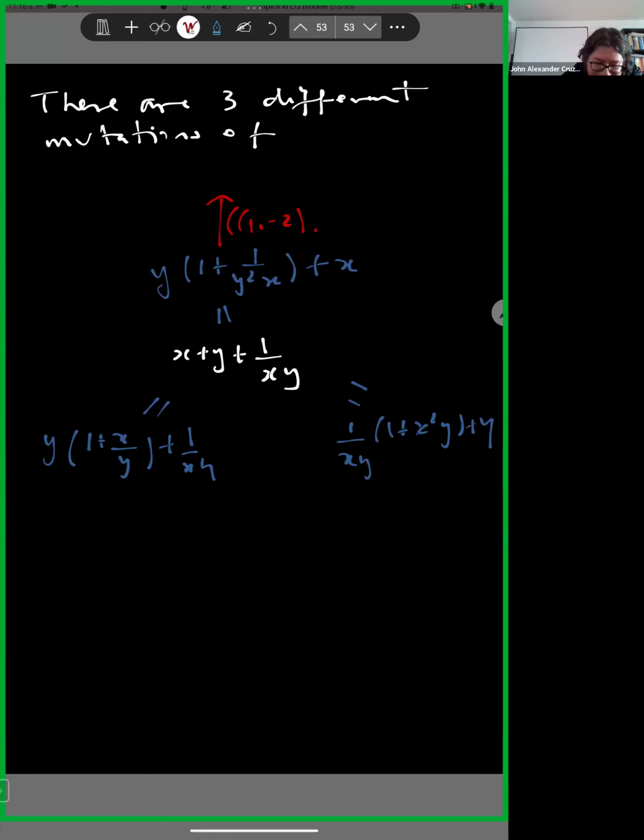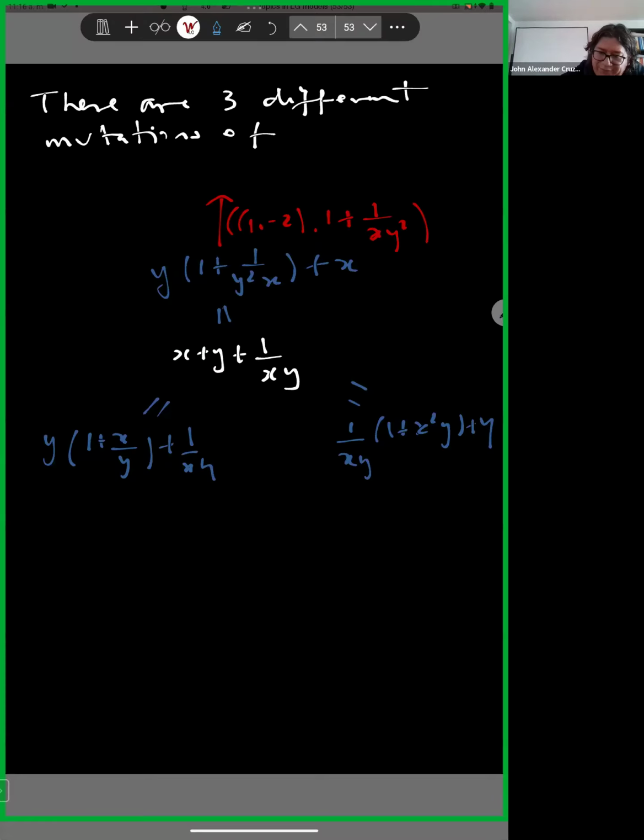So the factor will be this, the factor will be 1 plus x y squared. That will be the factor.